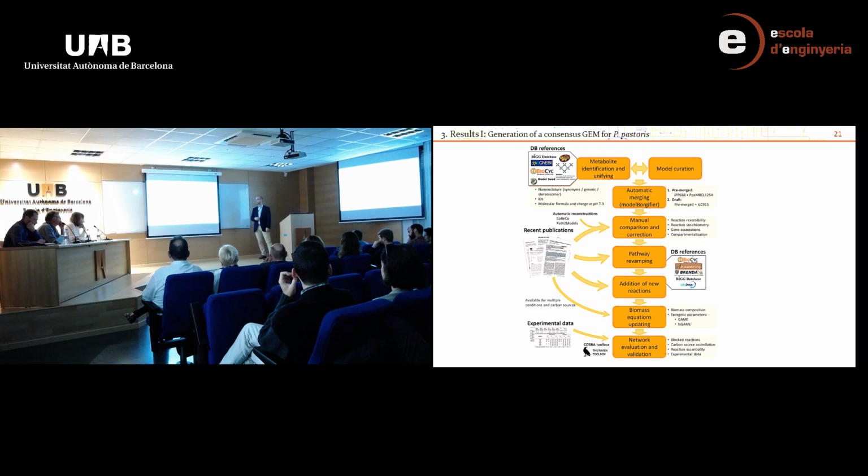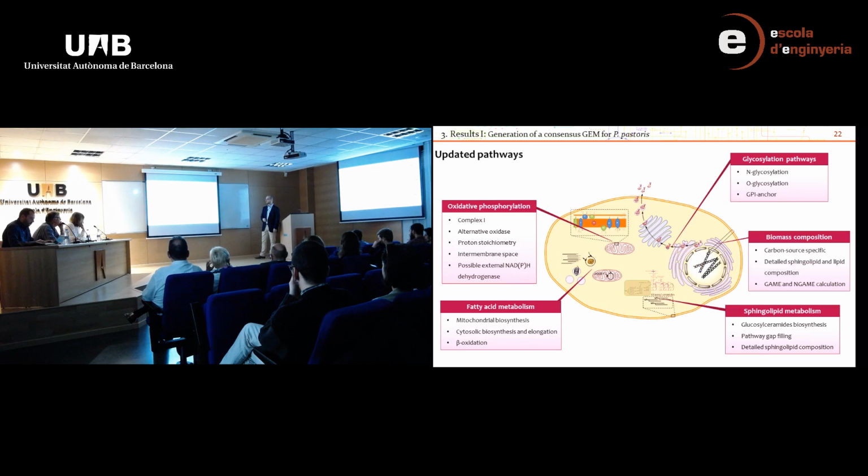Finally, when we had this initial reconstruction draft, we then analyzed those specific Pichia pastoris pathways that were represented in the model, and then extended the model by incorporating new reactions to represent such pathways. Finally, we incorporated new biomass equations and validated our model.